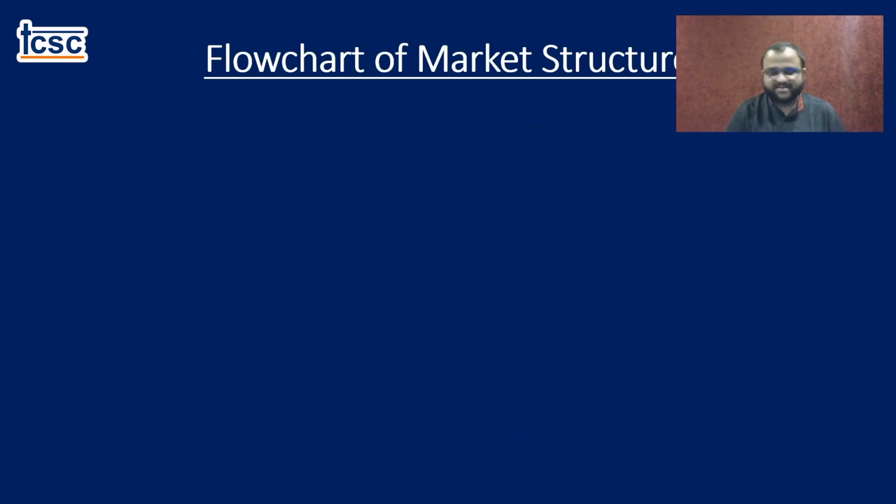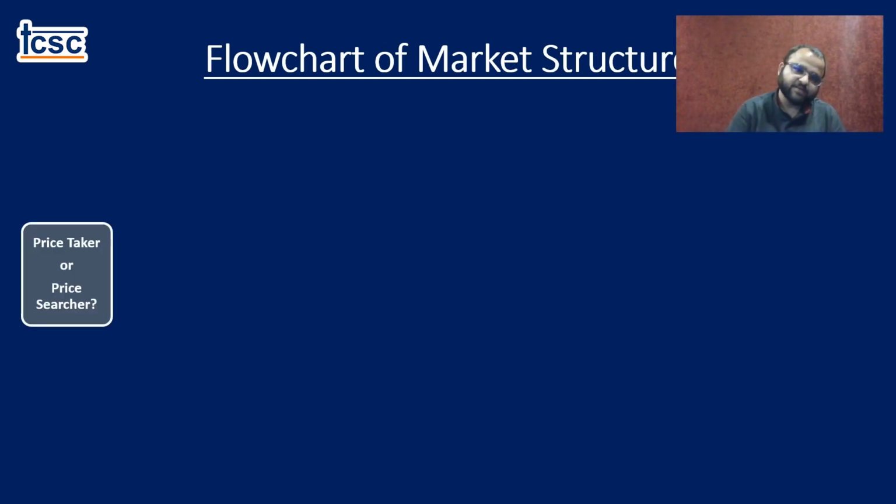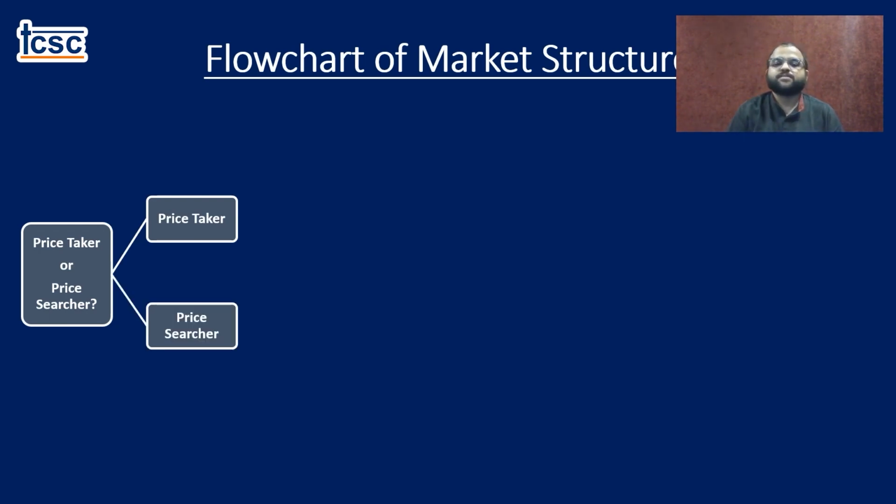Now, let me make it a bit more technical while I'm talking about all four of them at the very beginning. If you intend to understand whether a firm is a price taker or a price maker, we'll go forward and define them on two bases: either a price taker or a price searcher. If the firm is a price taker, the firm will be in perfect competition.